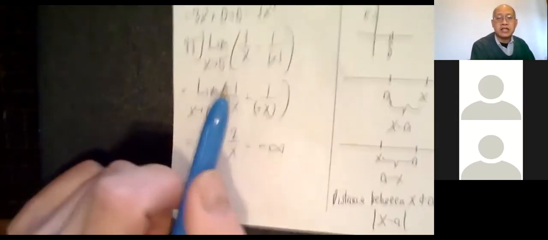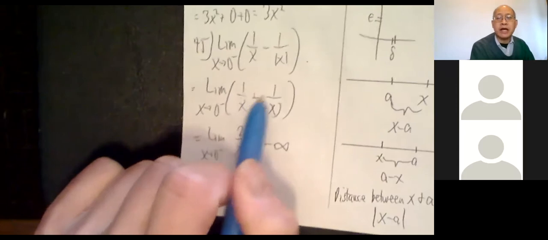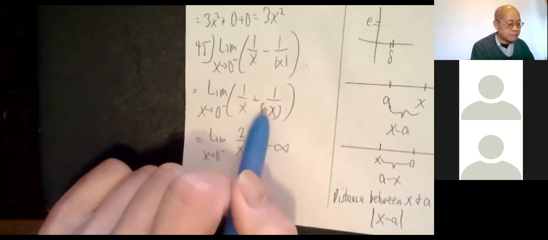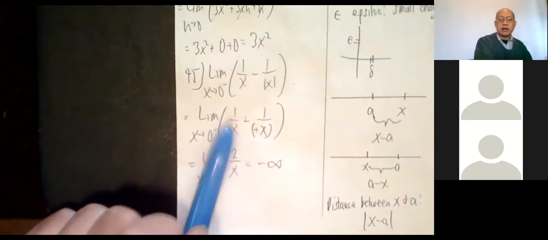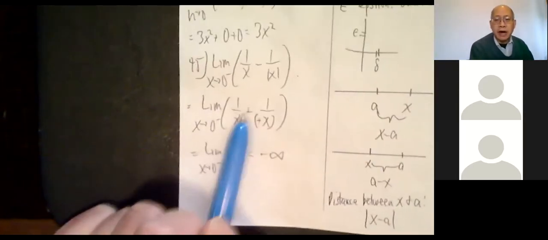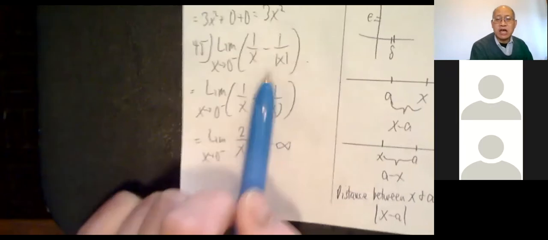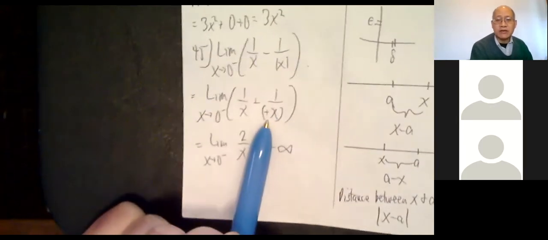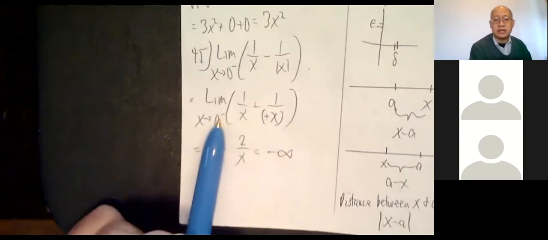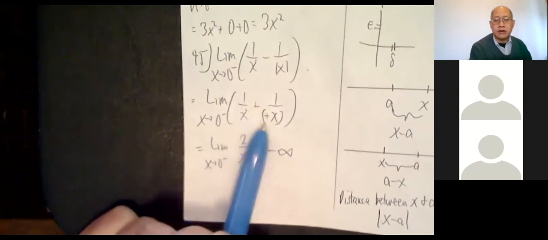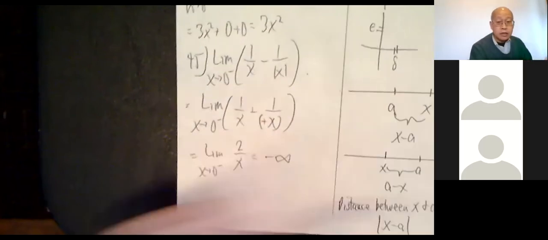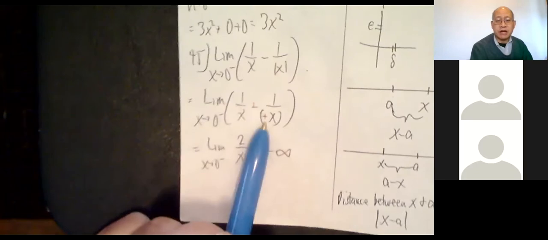Okay? So I can change this problem to 1 over x minus 1 over negative x. Okay. So ignore the red temporarily. It's 1 over x minus 1 over negative x, because absolute value of x is negative x if x is less than 0. And then what I do here, I have a double negative. Okay, it's going to be negative, negative, negative, plus.